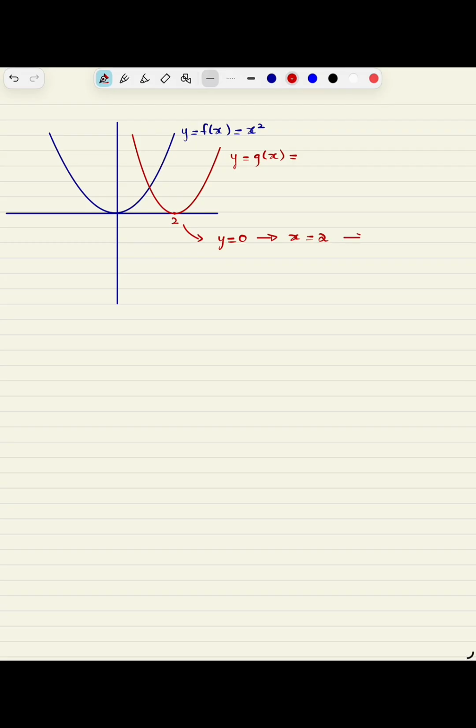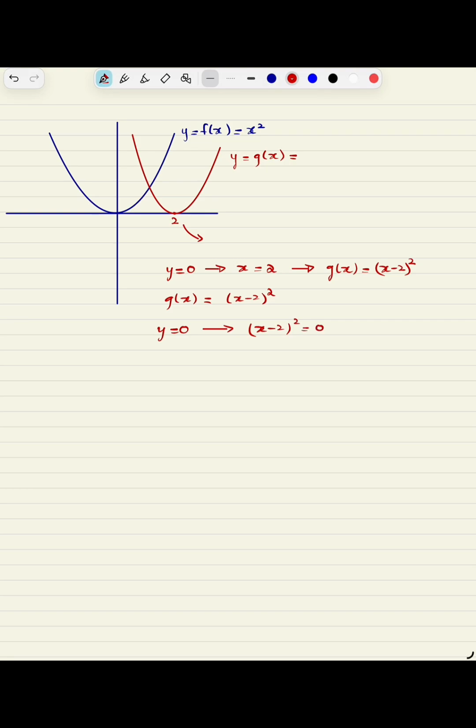So what this essentially means is that we need a graph g(x) which looks like this, x minus 2 whole squared. Suppose I have g(x) equal to (x minus 2) whole squared, and I'm interested to find the x intercept. For the x intercept, I have to take y equal to 0, and that will give me (x minus 2) whole squared equal to 0, so that will give me x equal to 2.